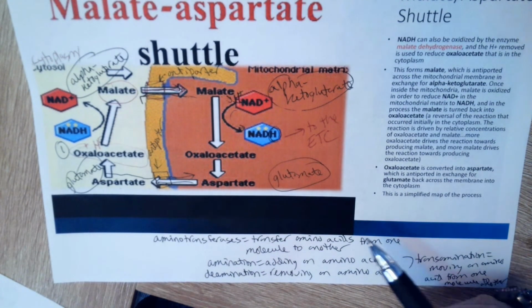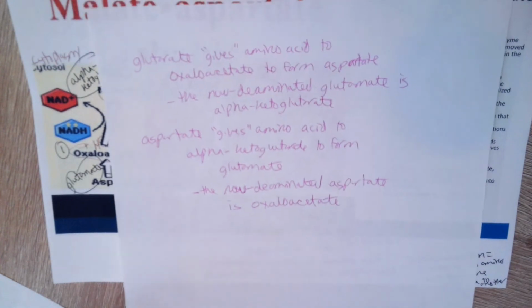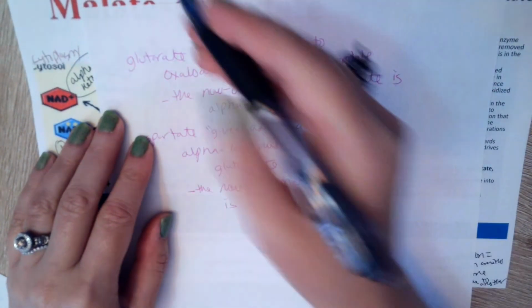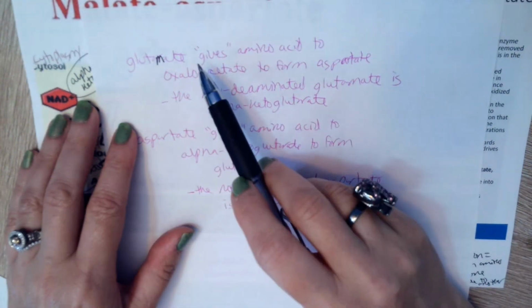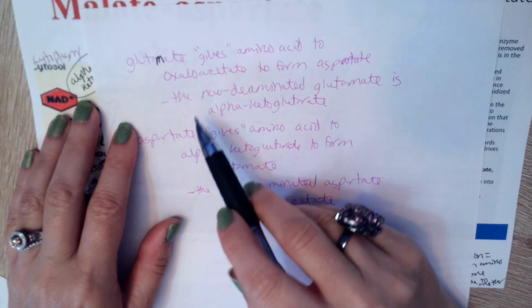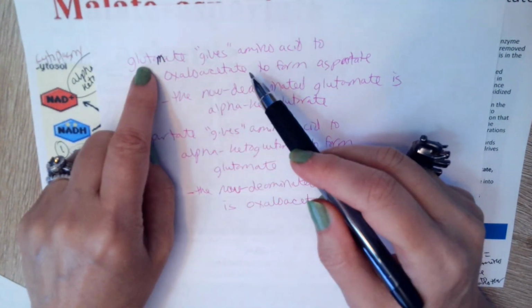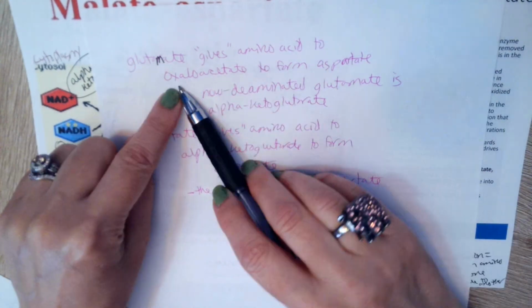For the amino acids moving around, it really is just the same thing, but I've simplified it by writing it out here. Glutamate is going to give the amino acid, so it's going to be deaminated. So we're taking away an amino acid from the glutamate and we're giving it to oxaloacetate.